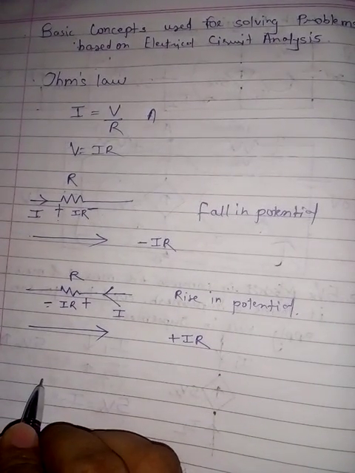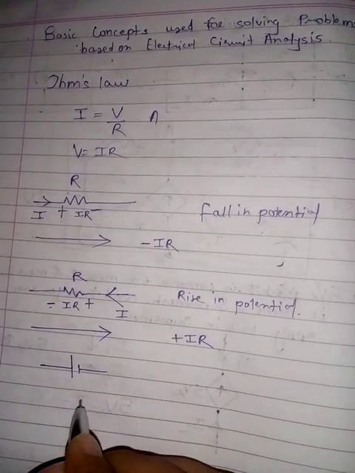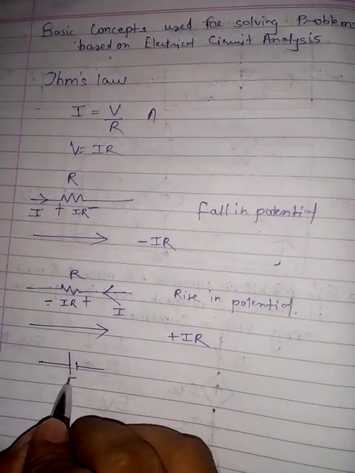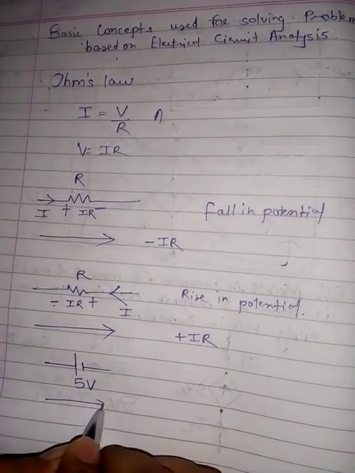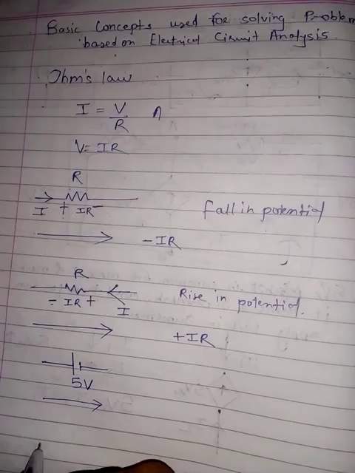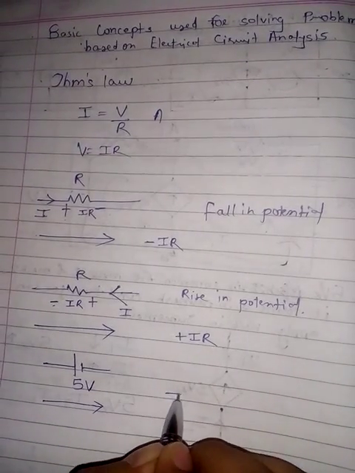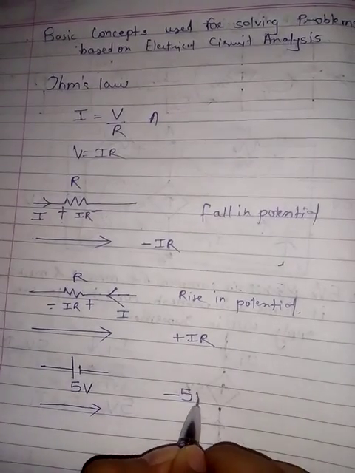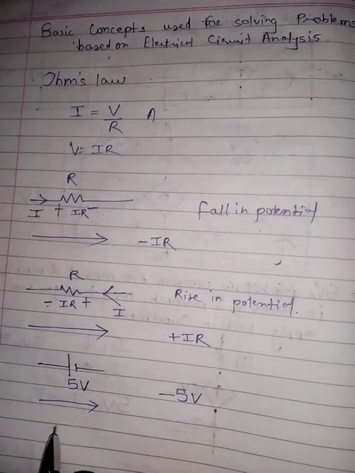Similarly, for batteries also, this is positive and negative. Let's say this is 5 volt and we are going from this direction, then we are going from positive to negative. That's why we can write minus 5 volt. This is called a fall in potential.